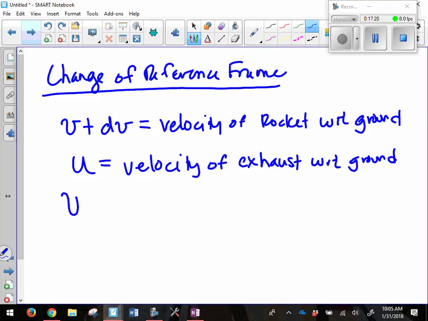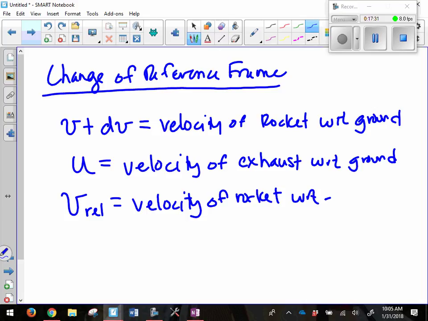And then I'm going to introduce a new variable, which is vrel, and that's going to be the velocity of the rocket with respect to the exhaust.